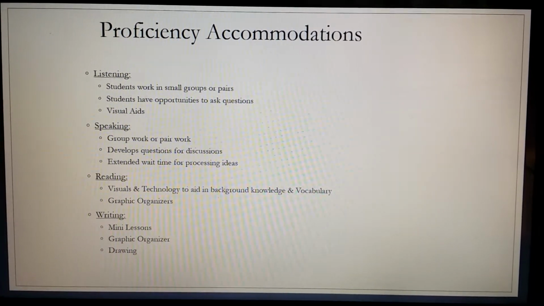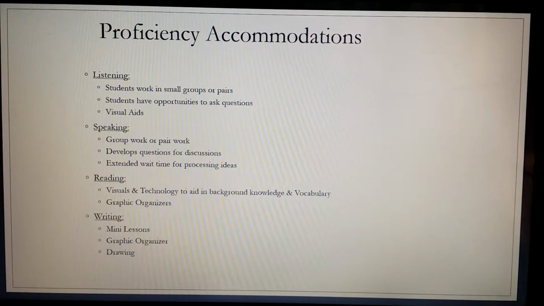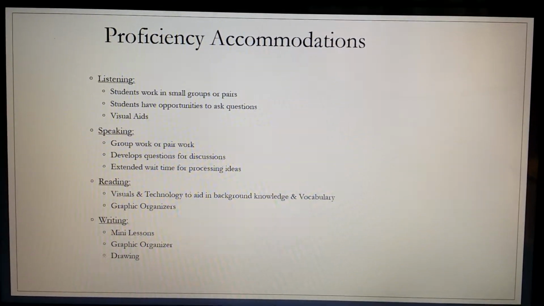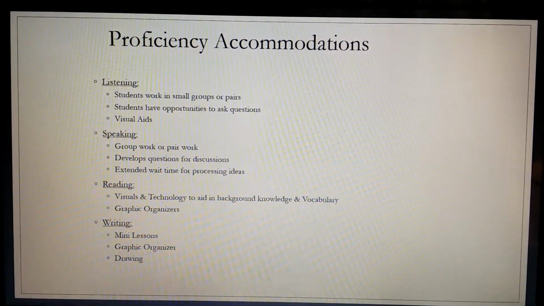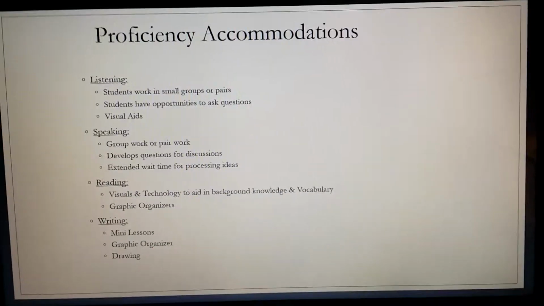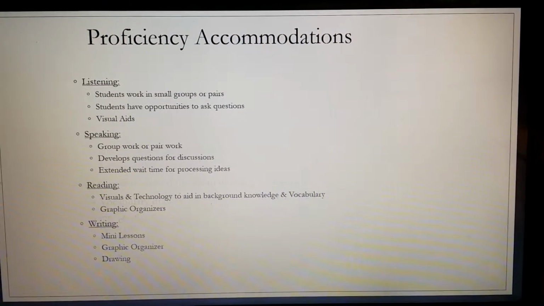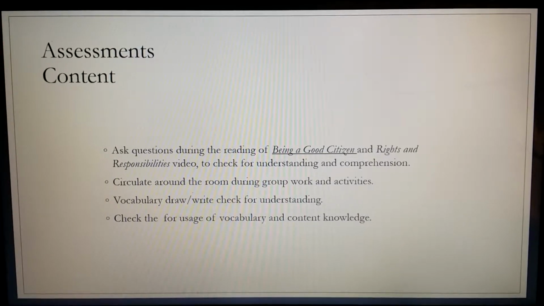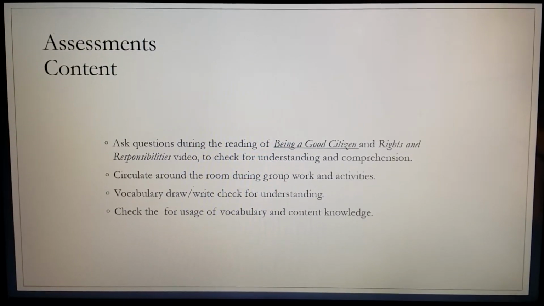Writing. We have the mini lesson, which includes the graphic organizer, and drawing on their vocabulary, and then we'll also be doing short definitions for that as well. Assessment content.